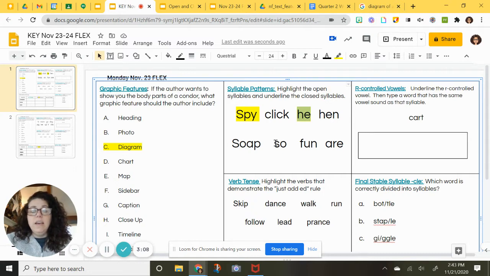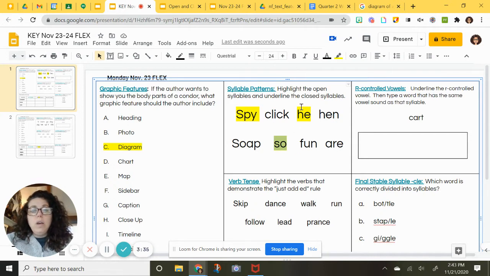And it comes at the end. So this is an open syllable. Fun, can't do that one. And then R. Now there is an E at the end of the syllable, but it doesn't say E. This sound is R. It's actually an R-controlled vowel, or actually I would consider it to be a sight word, so we're not going to use that one.